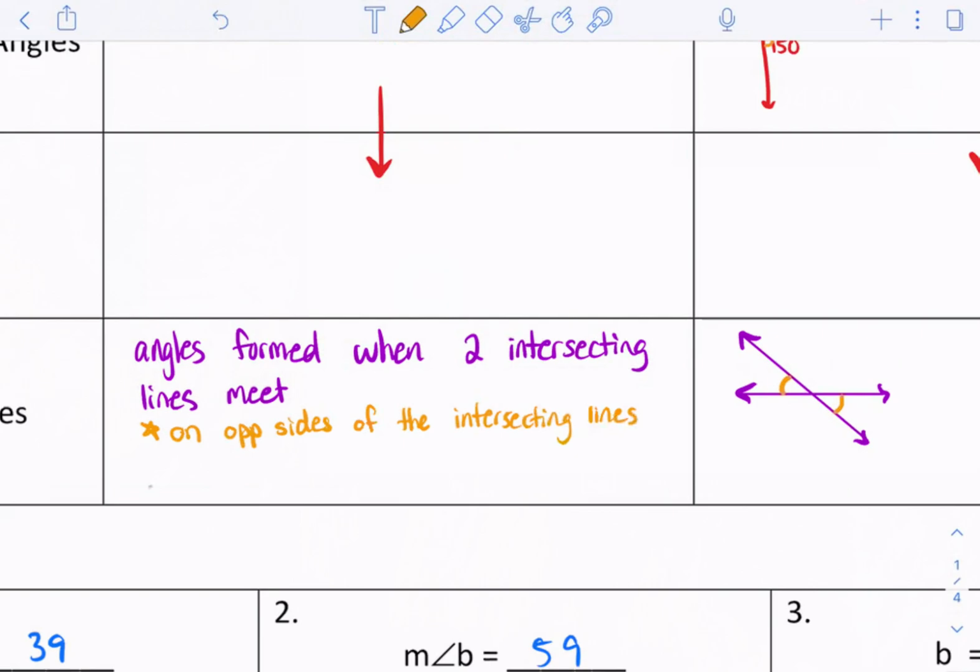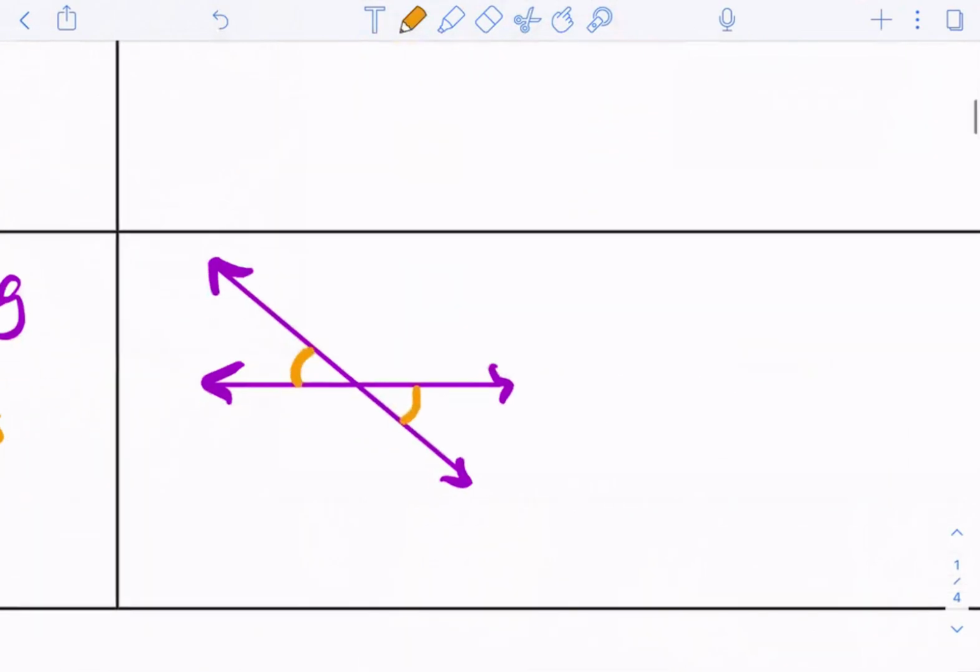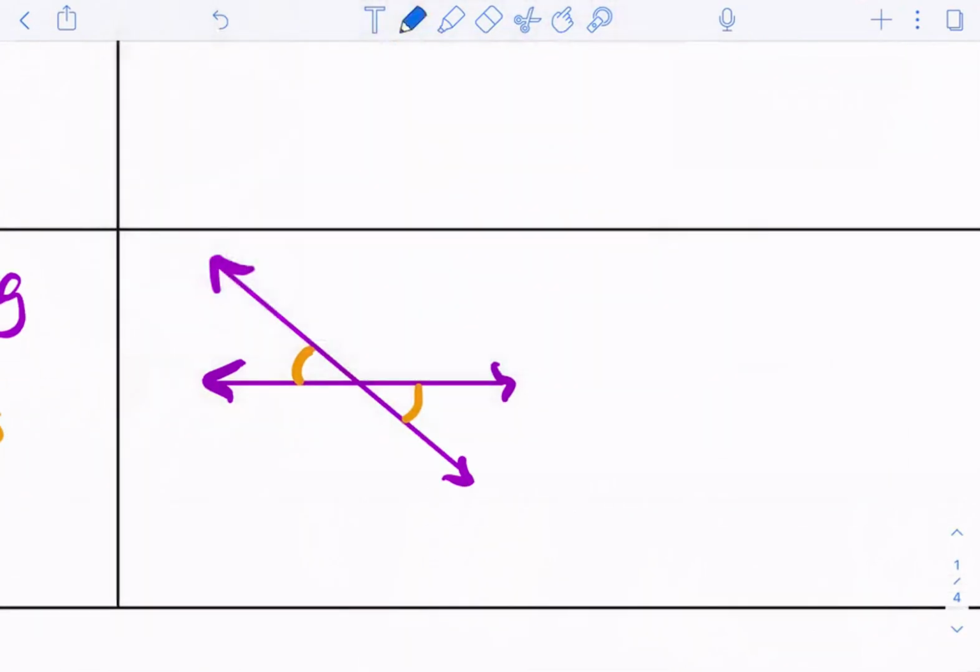Another thing you really need to know is that vertical angles are congruent, or they're equal. So if I look here at these two vertical angles, if this is 20 degrees, then that means this vertical angle is also 20 degrees.